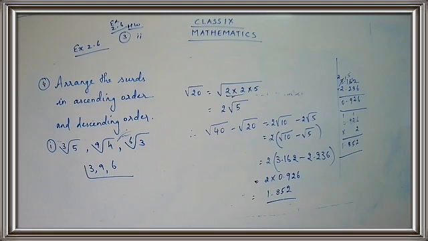I hope you people know how to find the LCM. Come on, try out the LCM, children. Just check the numbers: 3, 9, 6. You can start with 3 or you can start with 2, no problem.